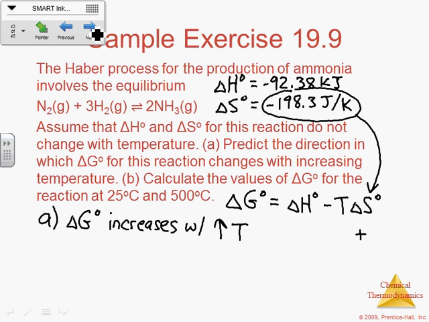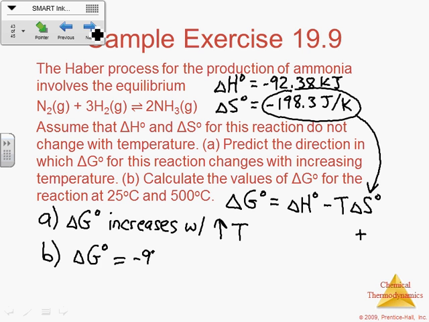I don't know why I didn't draw an up arrow for the first increase, but I got lazy by the end. And then B, it's saying calculate the values of delta G for the reaction at 25 degrees Celsius and 500 degrees Celsius. And that's just to check quantitatively to see if our qualitative prediction was actually right. So all you have to do here is basically plug this in twice. Be careful with your numbers because you've got to watch out for your units. So delta G equals, I'm going to change them both to kilojoules because delta G is usually in kilojoules.